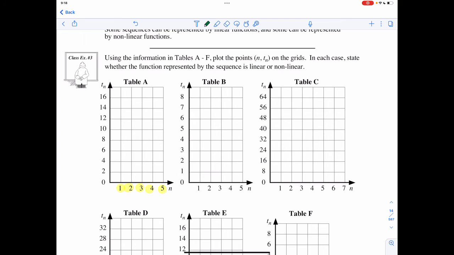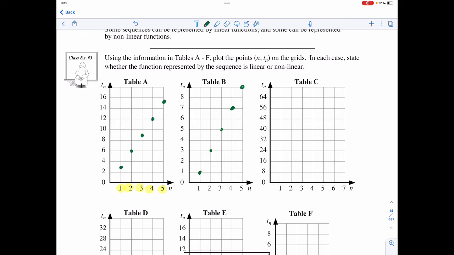And we can see that when we take the information from table A, 1 was 3, 2 was 6, 3 was 9, 4 was 12, and 5 was 15. When we go to table B, 1 was 1, 2 was 3, 3 was 5, 4 was 7, and 5 was 9.